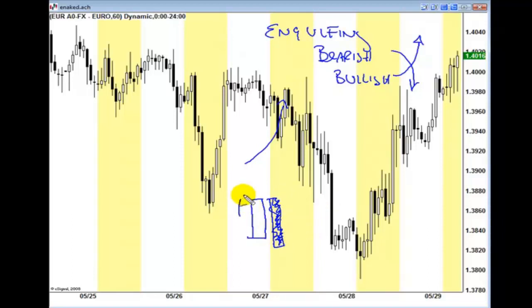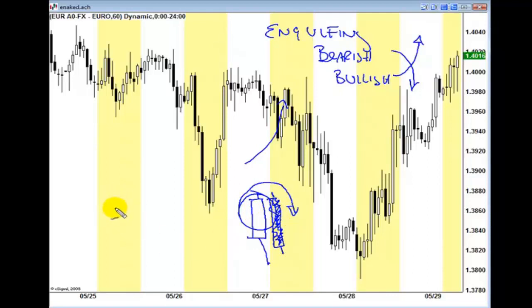So you get the move up and then the move down, and why it's called engulfing is because the body of this candle, we haven't put any wicks on, doesn't really matter about the wicks, we just look at the body. The body of this candle has engulfed the body of the previous bullish candle. It's larger, and contains, inside its length, the body of this candle. So that's a bearish engulfing pattern.